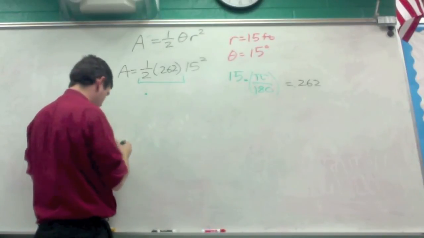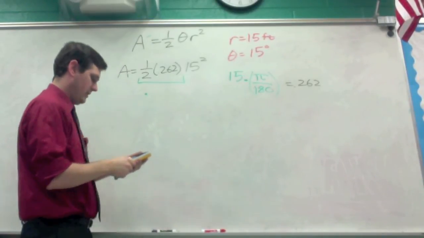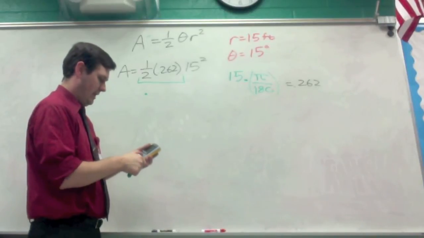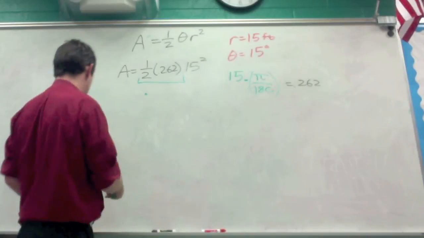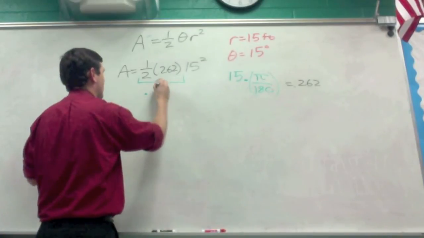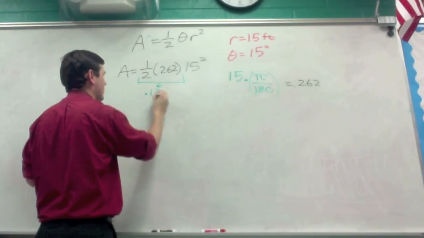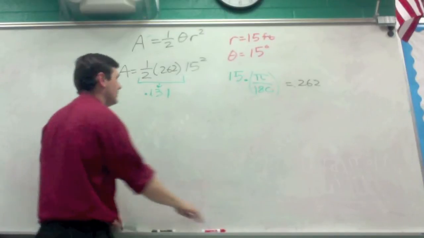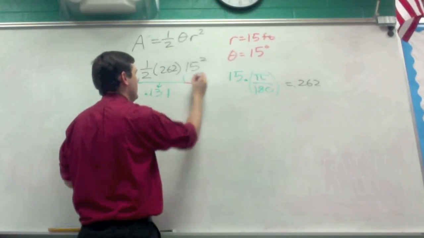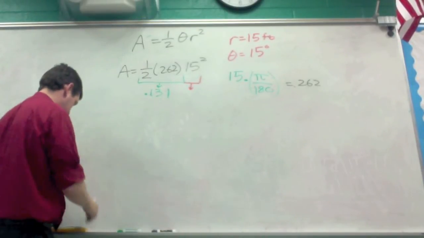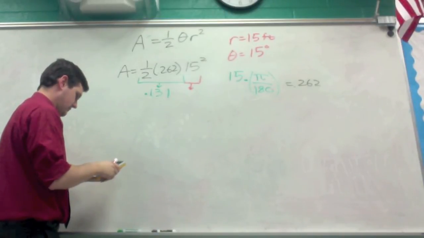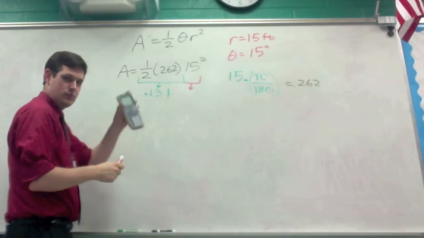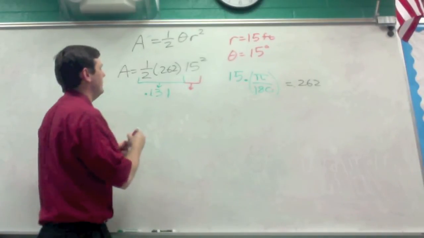Okay, I'll put it in the calculator. 0.5 times 0.262 is 0.131. 15 squared is 225. I should have known that one.